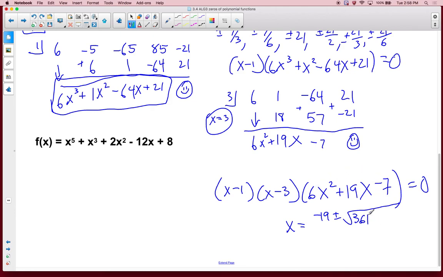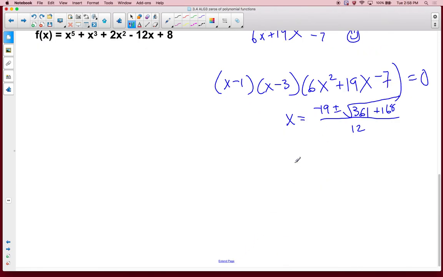Let me check that just so I'm not making any mistakes. 4, 6, and 7, 168. So that's a plus 168 though, because we had a negative and a negative. So plus 168 all over my 2a. So 2 times 6 is 12.